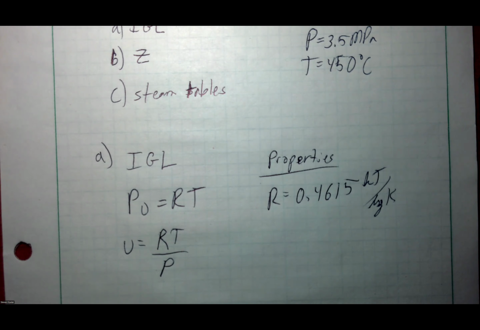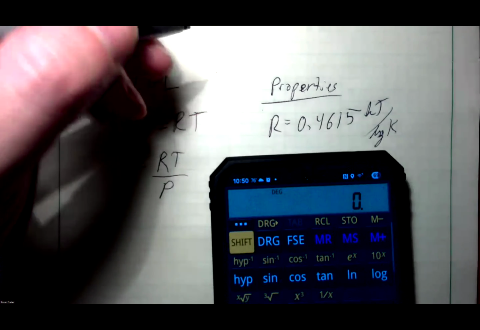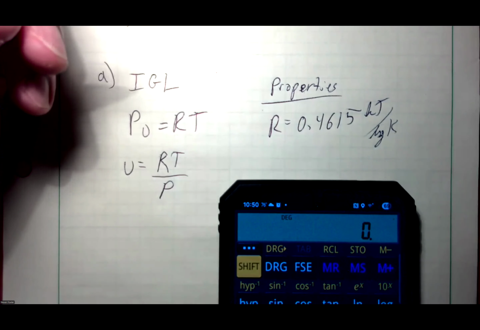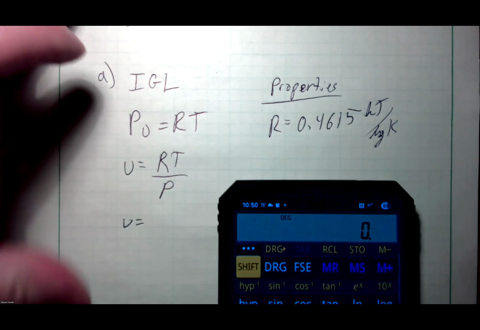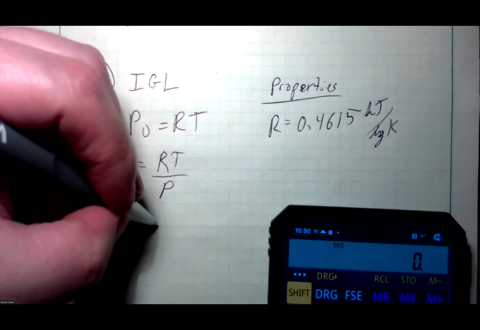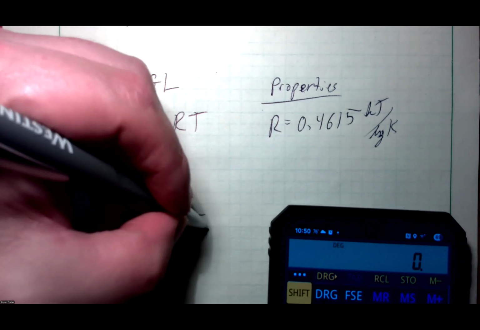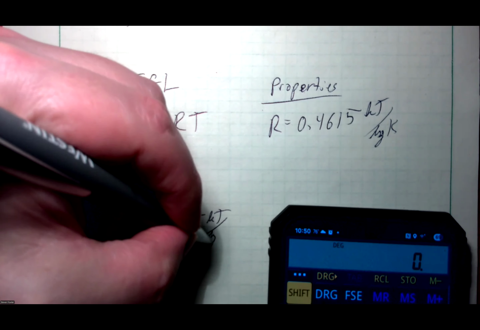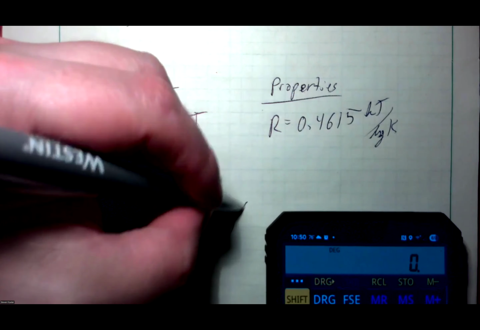Now it's just calculator and units. Calculator and units tells me, all right, v is equal to my R value, 0.4615 kilojoules per kilogram Kelvin, multiplied by my temperature.